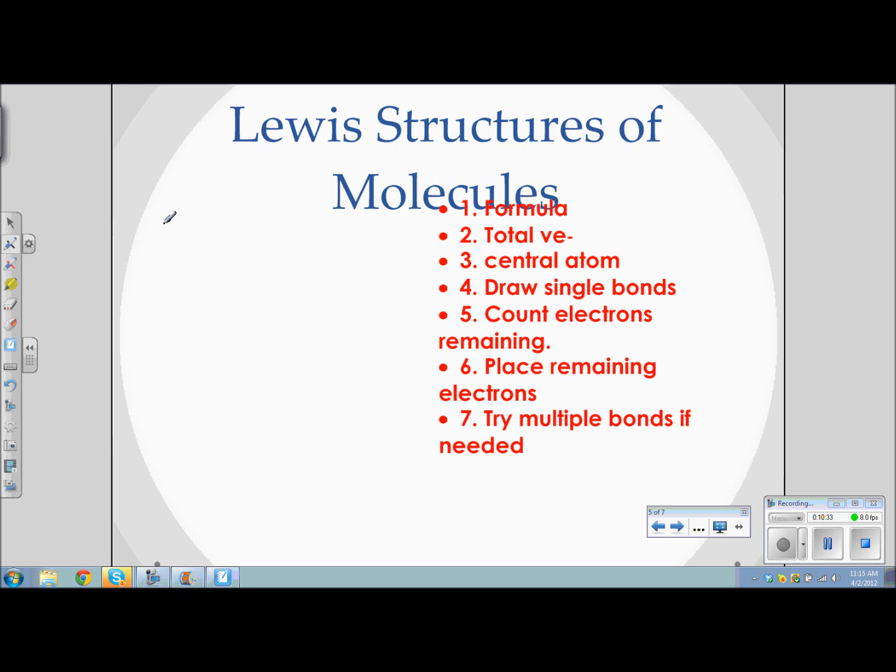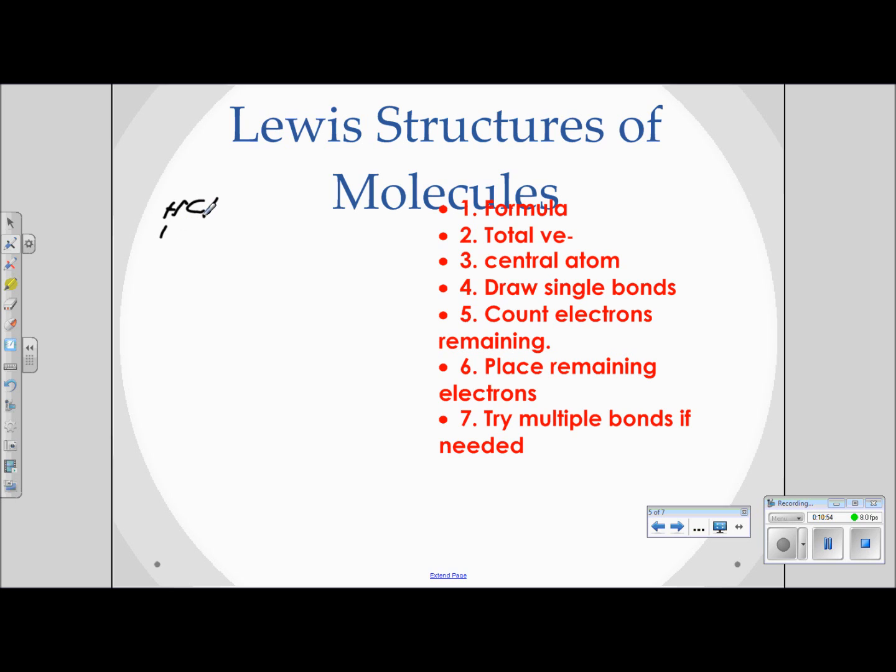I'm going to begin with a simple molecule, HCl. And I write the formula, and I'm going to find out first how many total valence electrons each one of these has. We know that hydrogen, if you look at the periodic table, is in group 1. It's 1 valence electron.